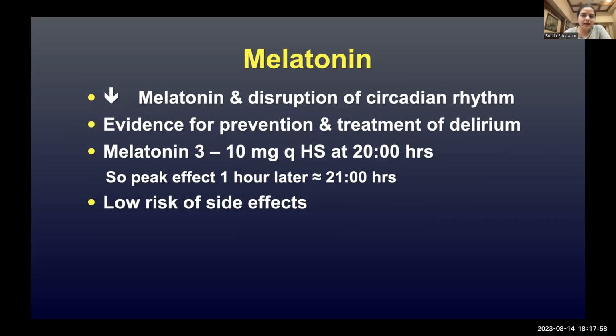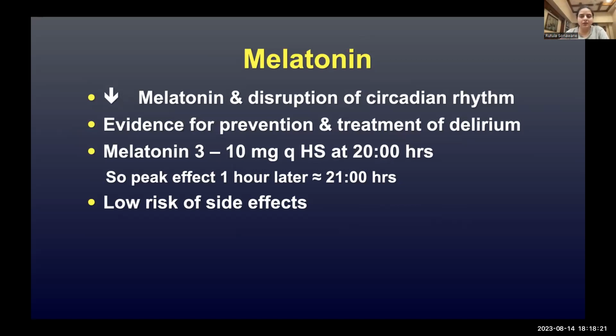Melatonin basically helps you synchronize or regulate the sleep circadian rhythm. It has been shown to help patients with chronic insomnia or chronic disturbances in the sleep cycle. Usually you start off with a dose of 3 milligrams HS dosing.